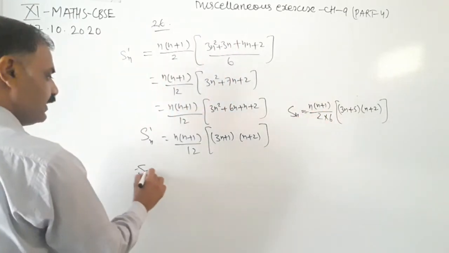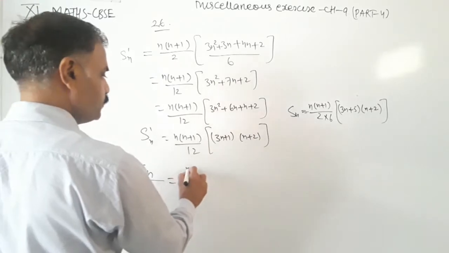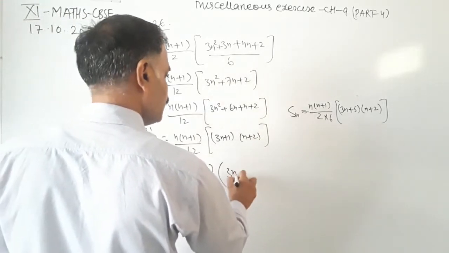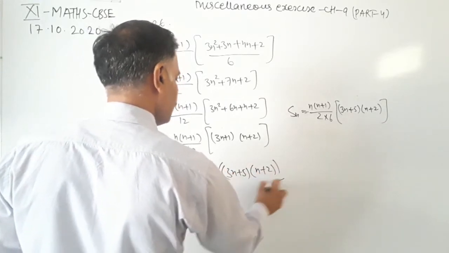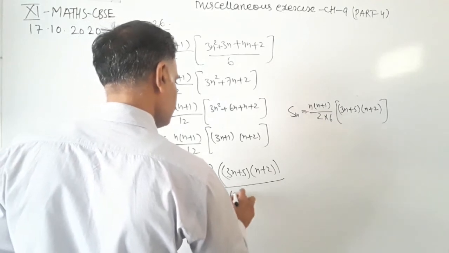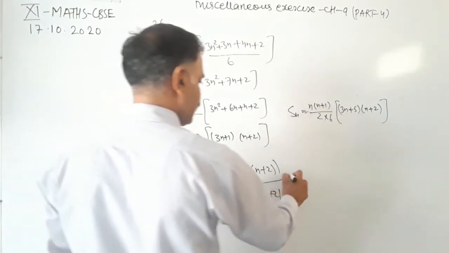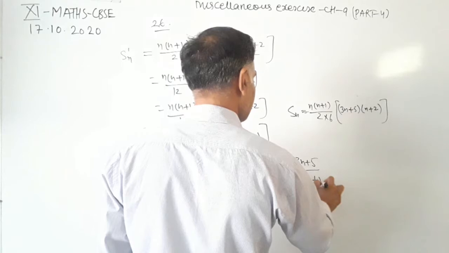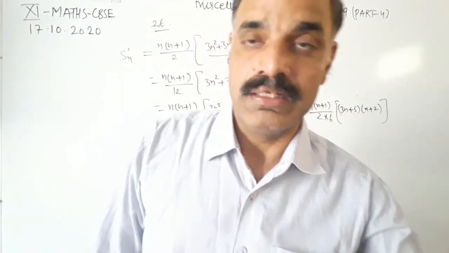So we have to find the ratio of S n and S dash n, which equals n into n plus 1 by 12 into 3n plus 5 into n plus 2 divided by n into n plus 1 by 12 into 3n plus 1 into n plus 2. All will cancel except 3n plus 5 upon 3n plus 1. That is what we want to find.